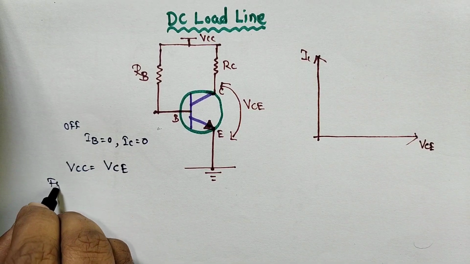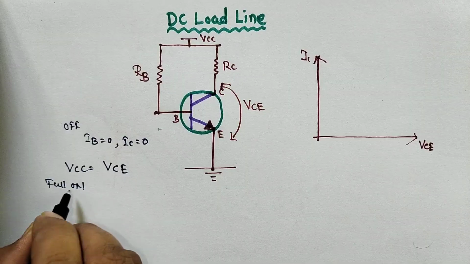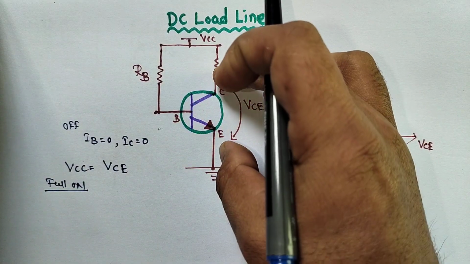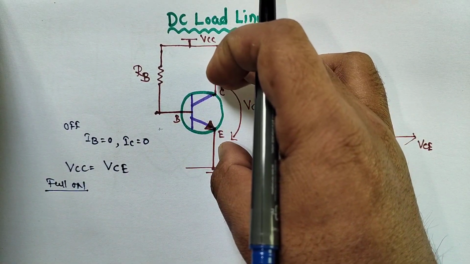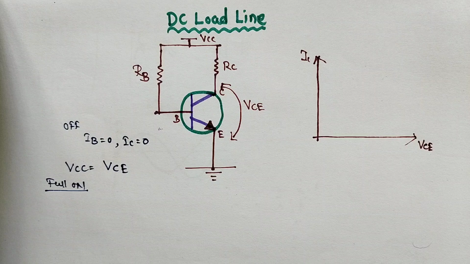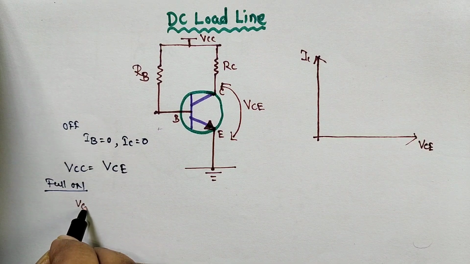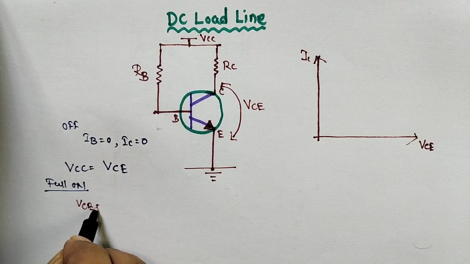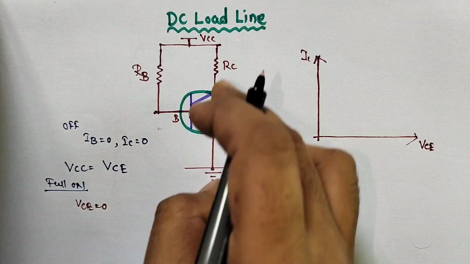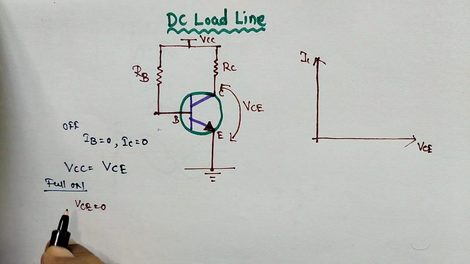Then the other condition: if it is fully on, it is just like a short circuit, so VCE equals 0. Then IC is maximum.